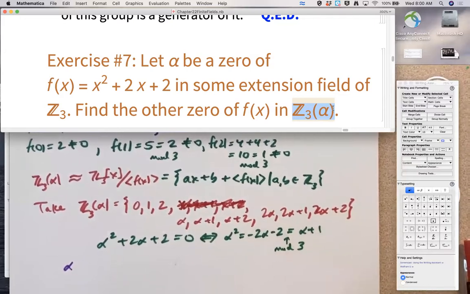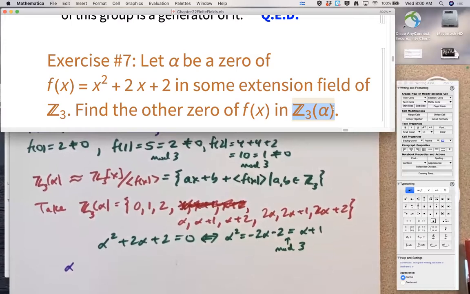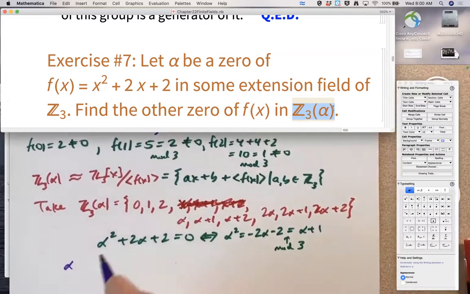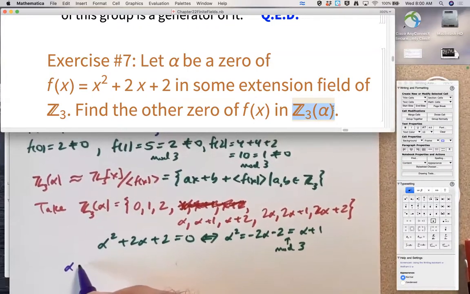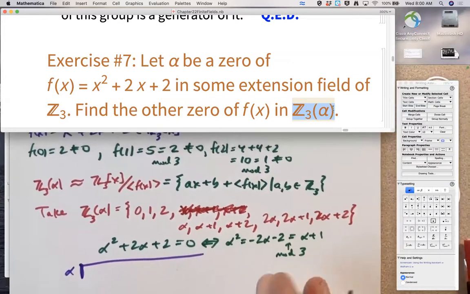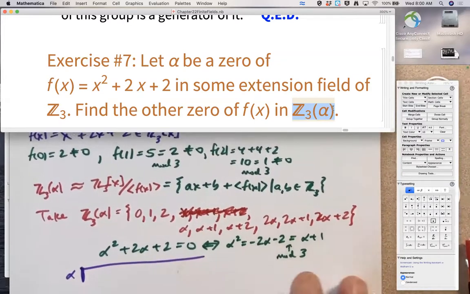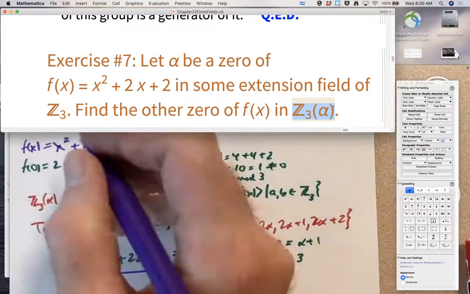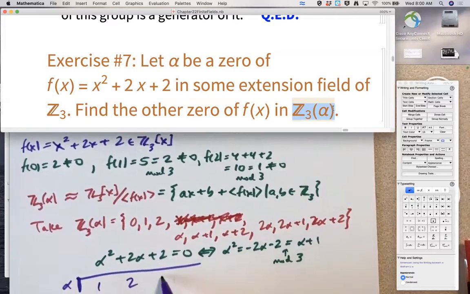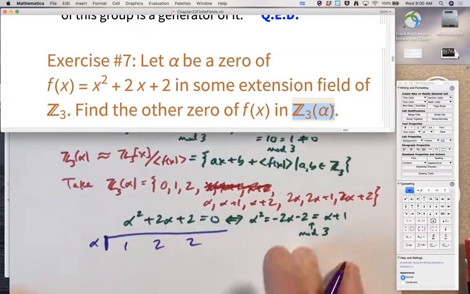One root is alpha, so x minus alpha would be a factor, which can also be written as x plus the additive inverse of alpha, whatever that happens to be. Put the coefficients of the polynomial under the bar here. The original polynomial, 1, 2, and 2. And do your synthetic division.